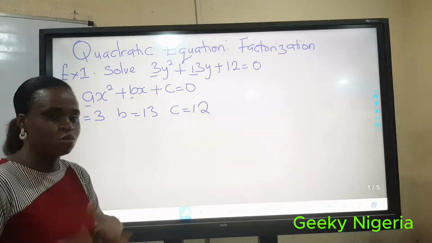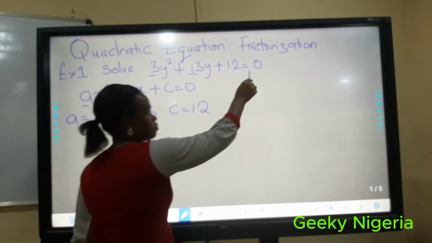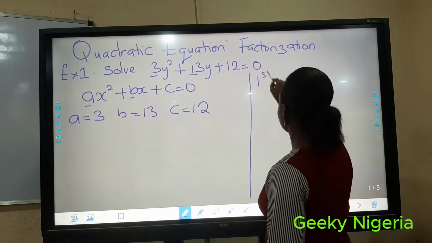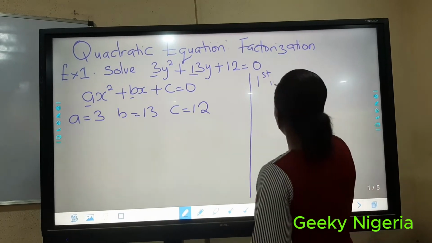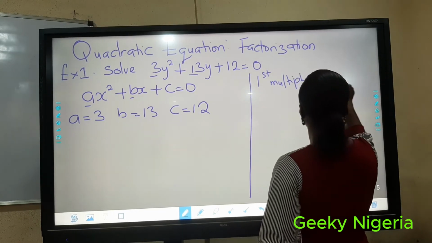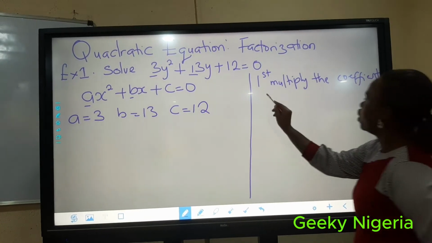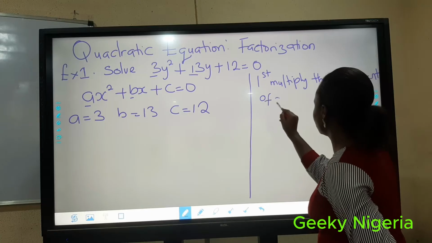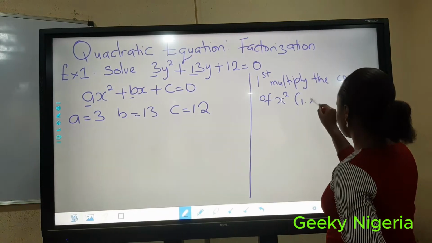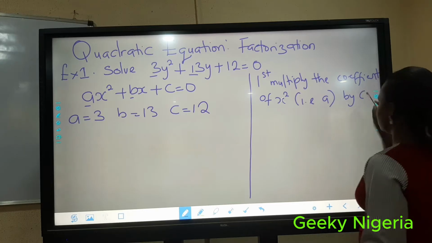So what are the short steps to solve this using factorization? These are very easy rules to remember. First, multiply the coefficient of x squared, that is a in this case, by c.